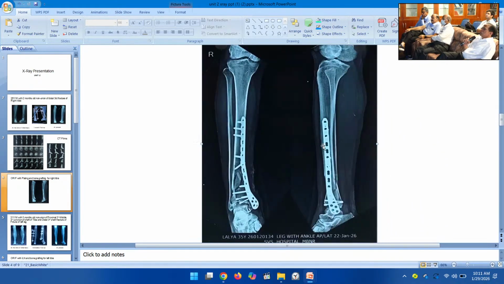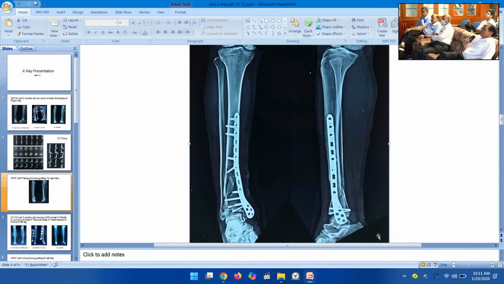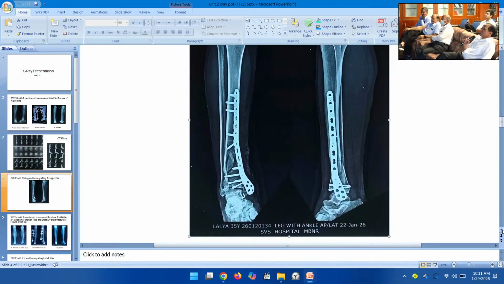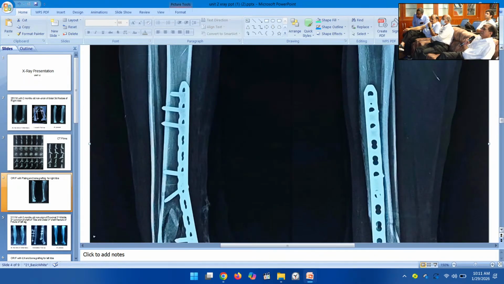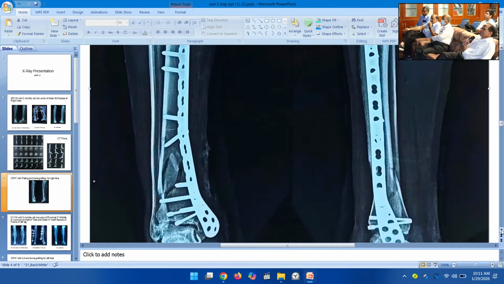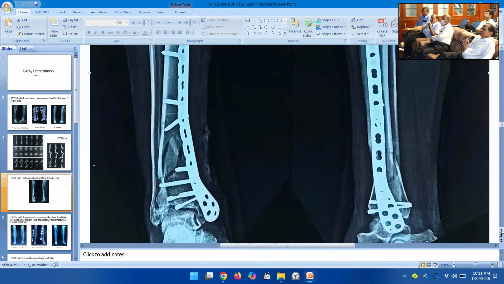The screws are in the joint. Screws in the joint as well as in the fracture site. Not in the. Probably size of the plate also not appropriate.